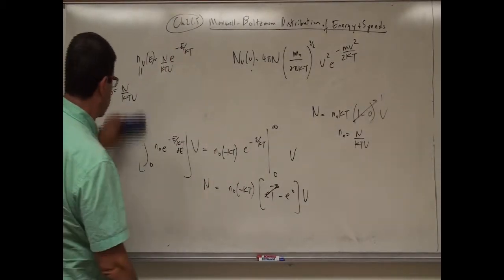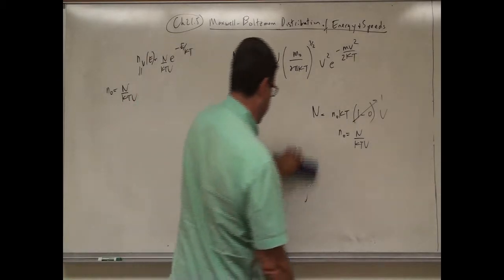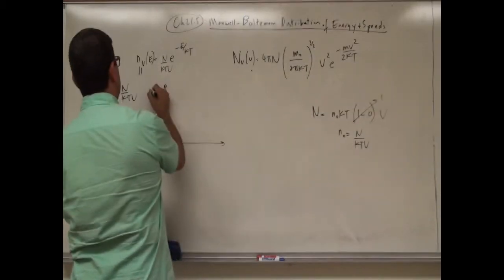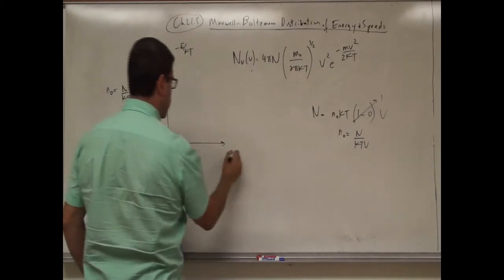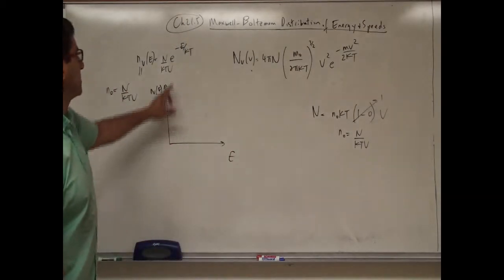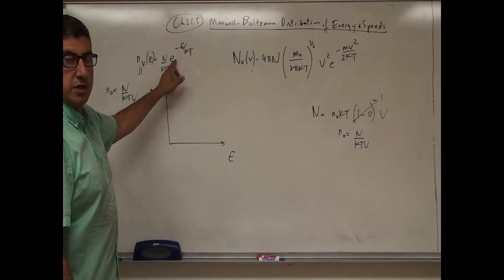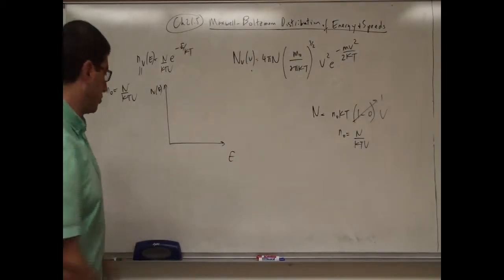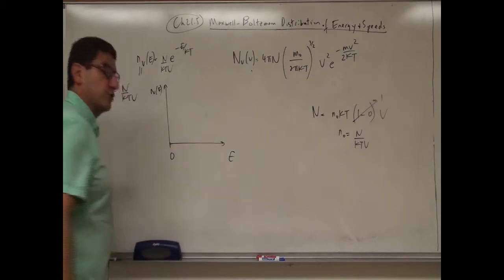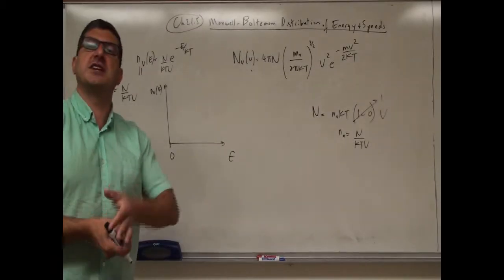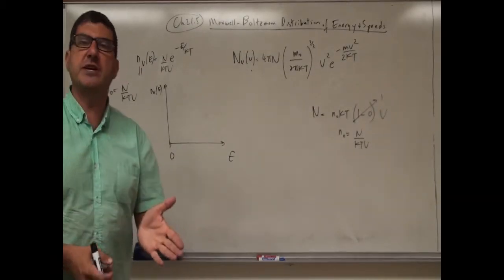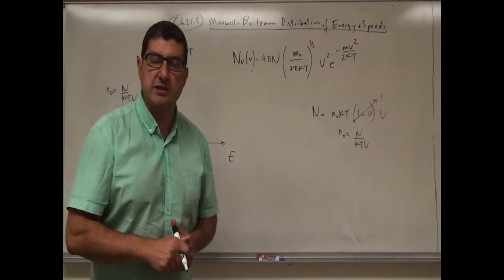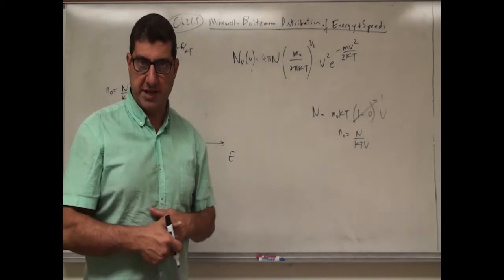So then what is the graph of this and what is the meaning of this? This is the N_V(E) and this is E. What this is saying is that the most likely state for particles to be in is the lowest energy state, E equals 0. Of course, quantum mechanically, there is no such thing as the lowest energy E equals 0, because particles have to at least have some quantum fluctuation proportional to h bar, Planck's constant.